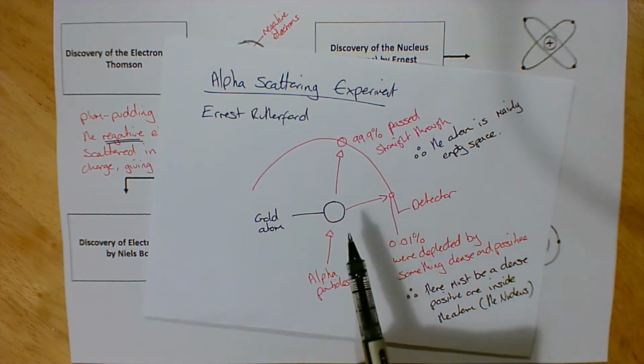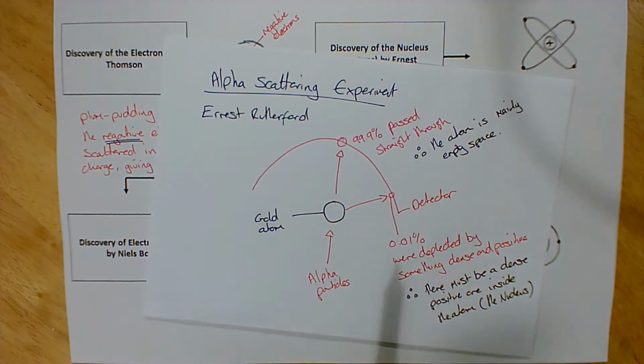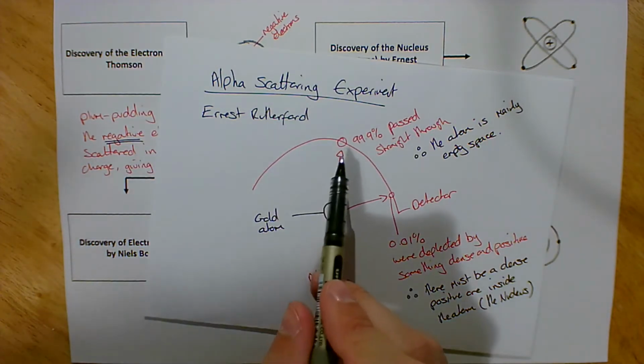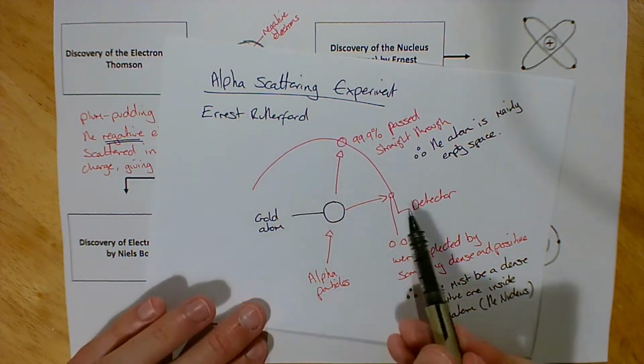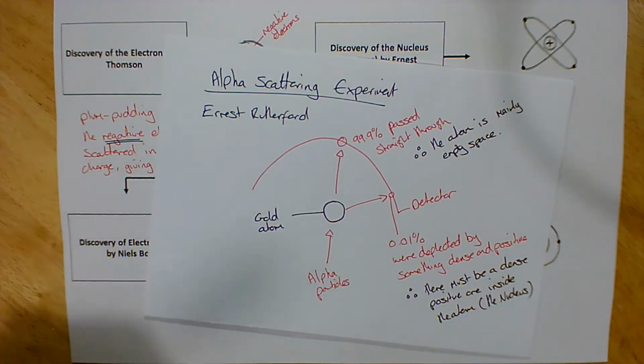So, just to recap, the alpha particles were fired at atoms of gold. The vast majority of them passed straight through, showing us that the atom was mainly empty space. However, 1 in 8,000, or 0.01% approximately, were deflected. And because of the angle of their deflection, they were able to work out that whatever they were hitting was in the dead center of the atom.